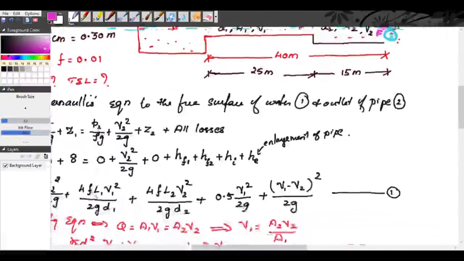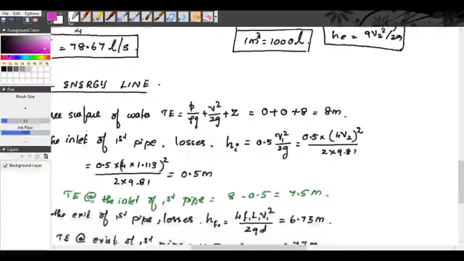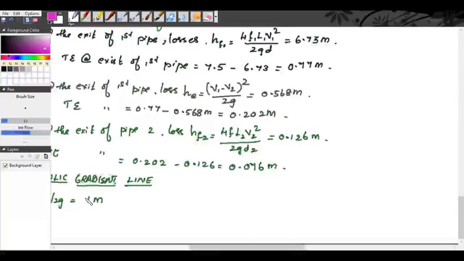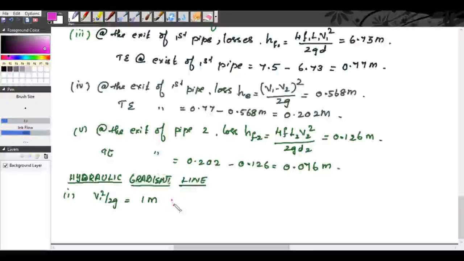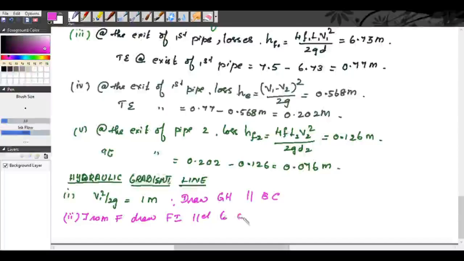So how will you write this? Draw GH parallel to BC. Then from F, draw FI parallel to ED.